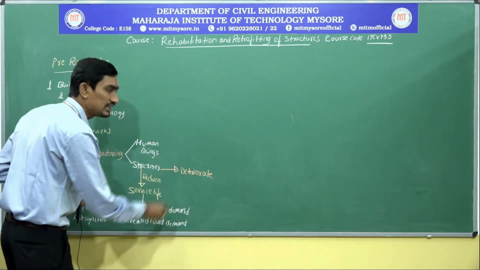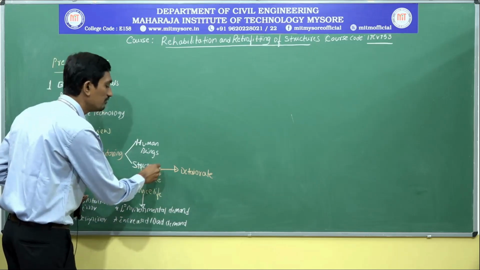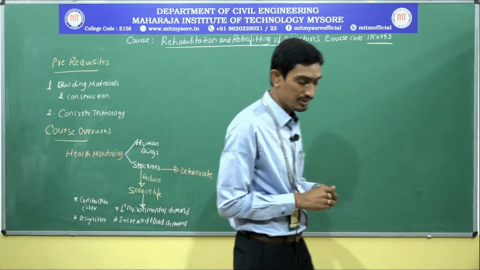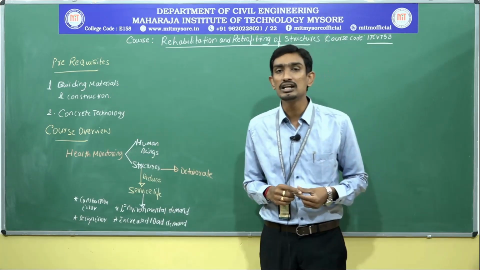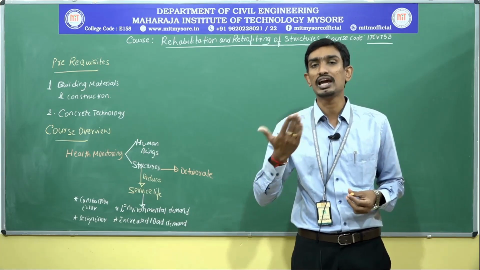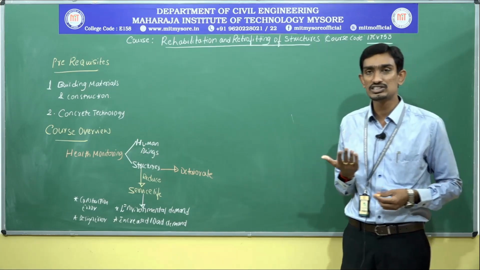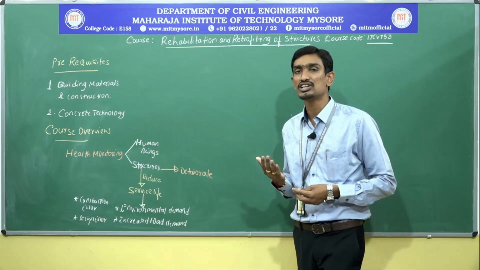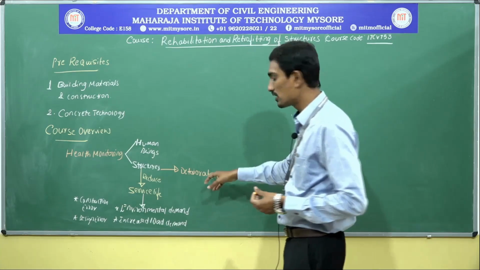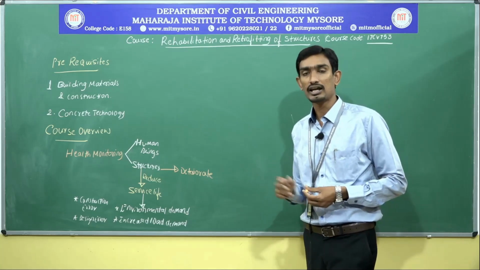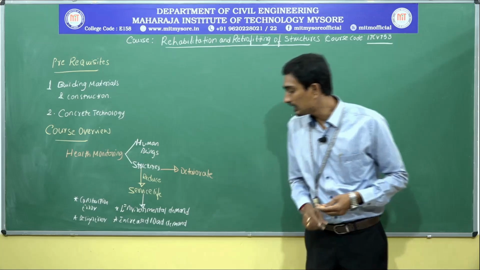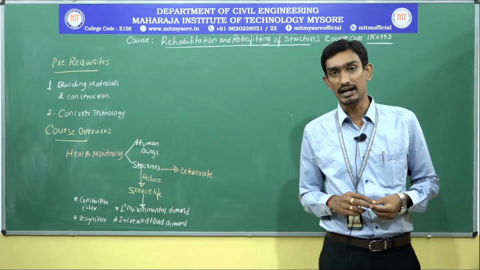Because of these reasons, the structures will tend to deteriorate. Deteriorate means the damage occurred in a structure, or the change of original state. The change of original state or damage occurring in a structure will be called deterioration, or I can say distress.